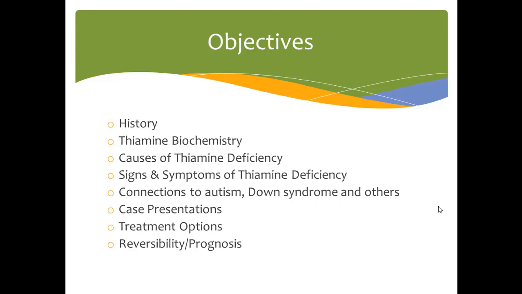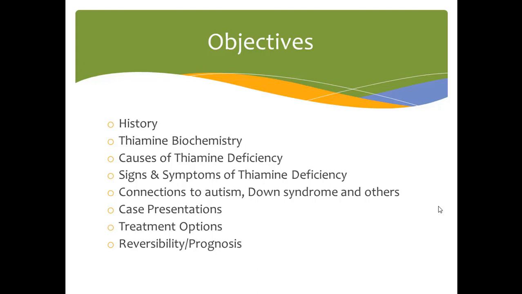And then certainly I'll get into some practical topics that are going to be most helpful to practitioners and parents here, looking at the causes of thiamine deficiency, signs and symptoms, and then certainly the connections to autism, Down syndrome, and others. I have a couple of really interesting cases to present to you to show you how addressing a thiamine deficiency can improve the development in children.